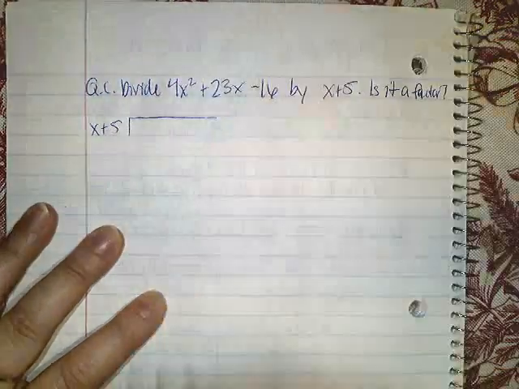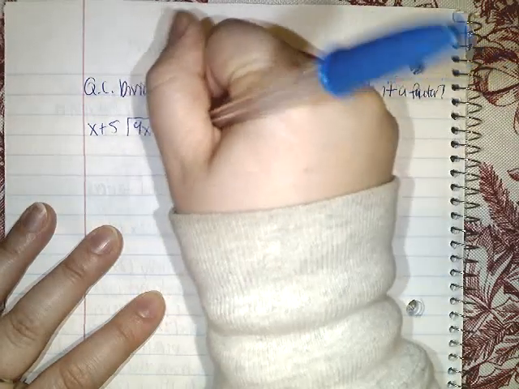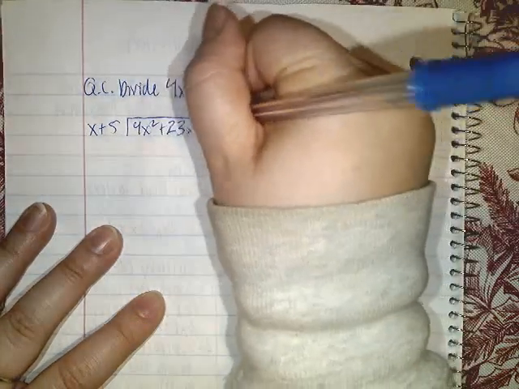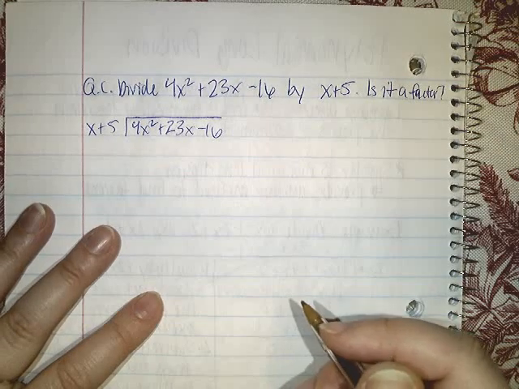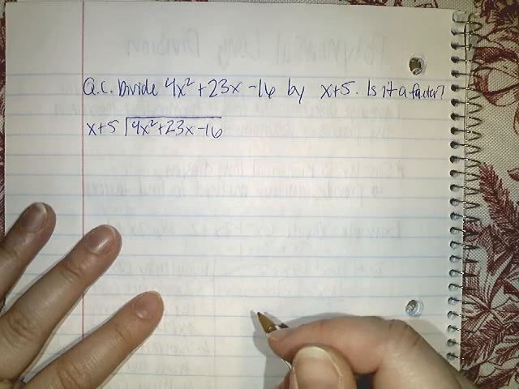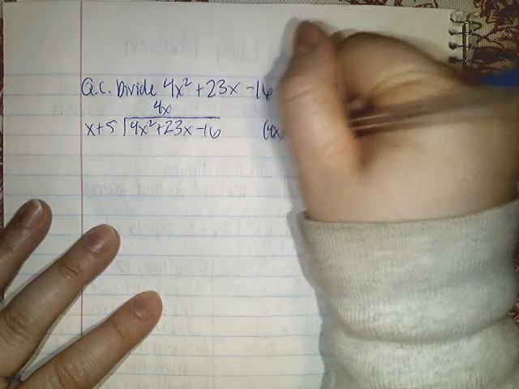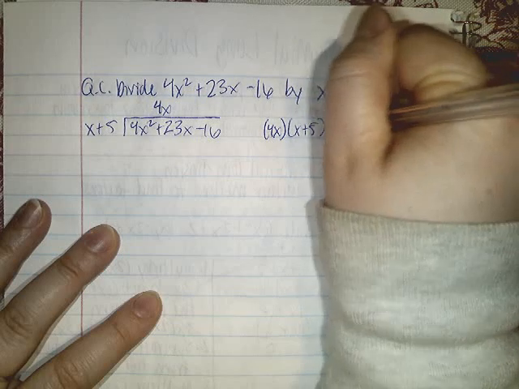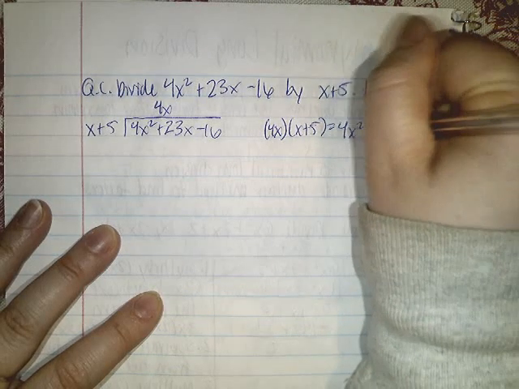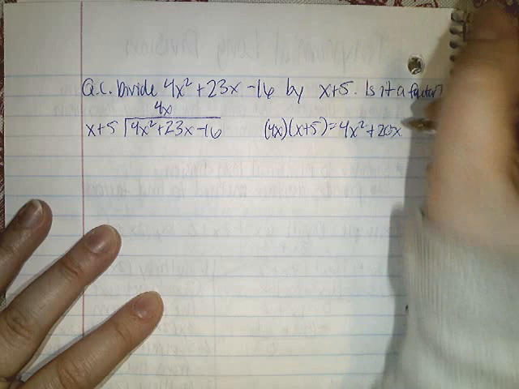So I'm going to set this up the same way I set the last one. All right, 4x squared plus 23x minus 16. First thing I need to multiply by is going to be 4x. So I have 4x times x plus 5, which gives me 4x squared plus 20x.